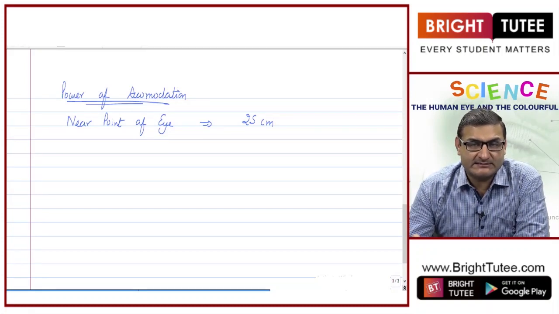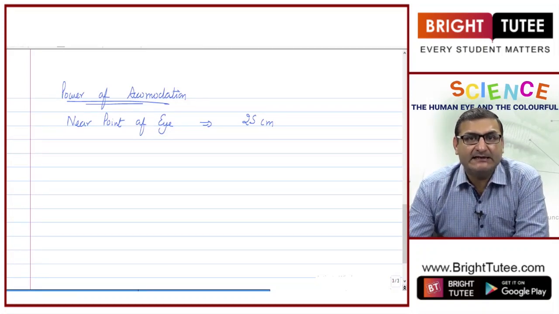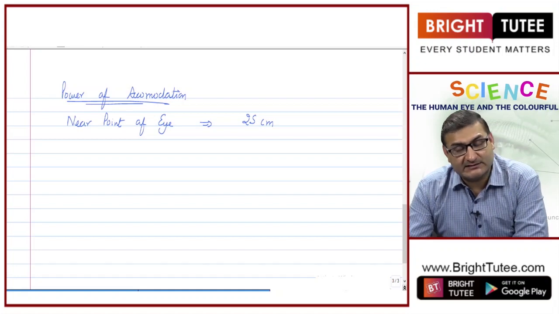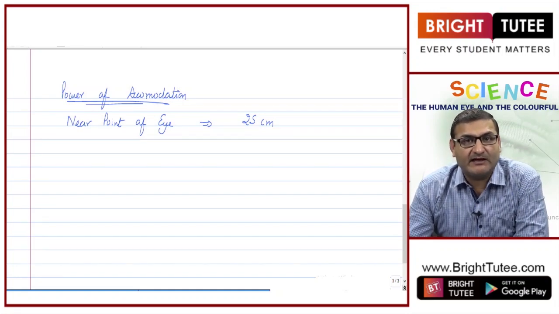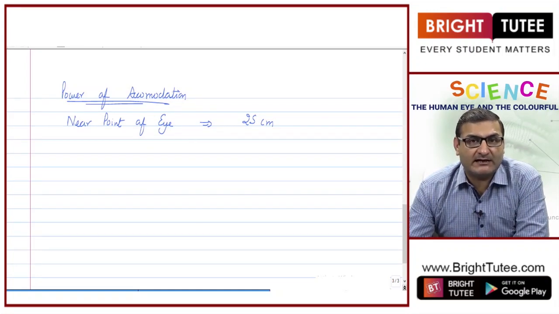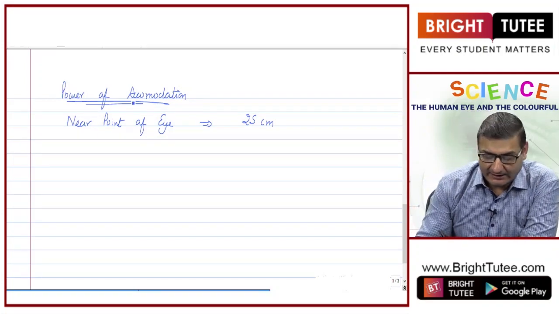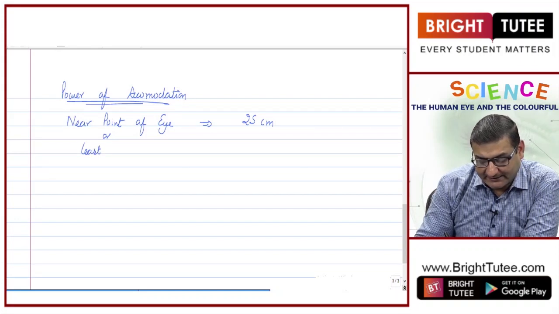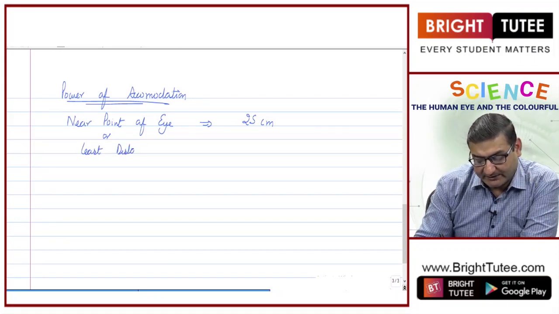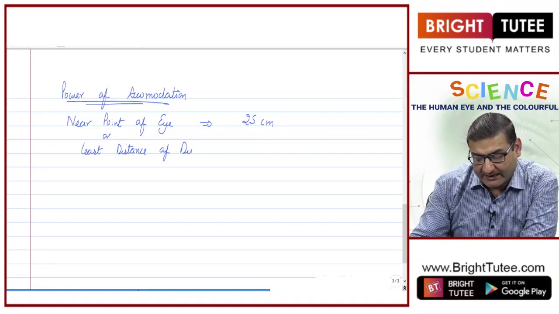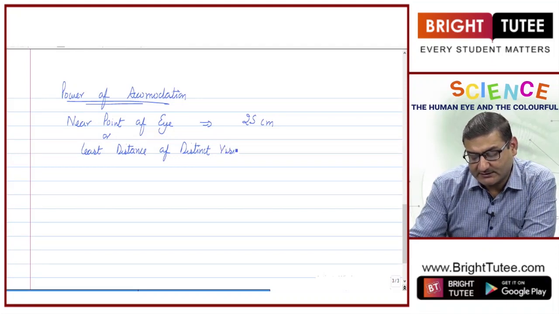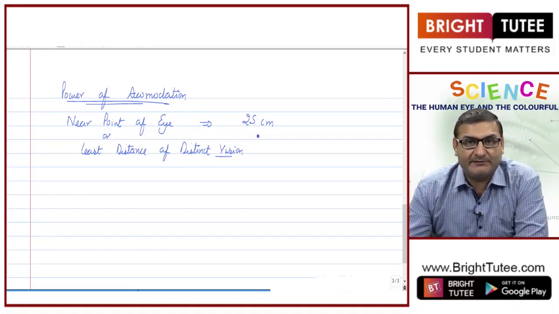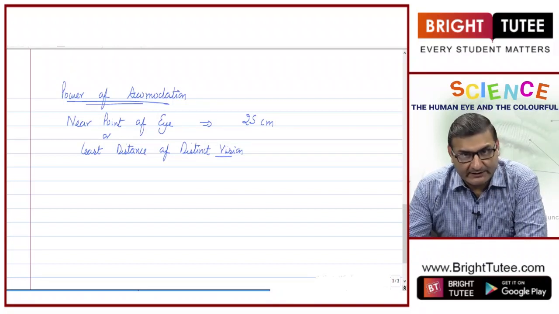So that distance at which we can see an object clearly without any exertion or strain is known as the near point of an eye, or the least distance, the minimum distance of distinct vision. And this is 25 centimeters. Got it?